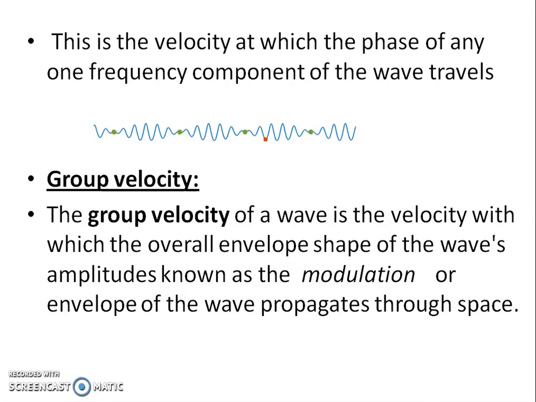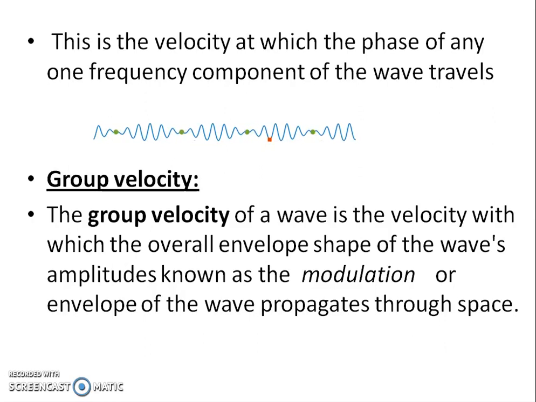Not really, because the information or energy in a waveguide generally does not travel at the phase velocity. The information of a wave, which is transferred in the form of a wave, always travels at the group velocity.